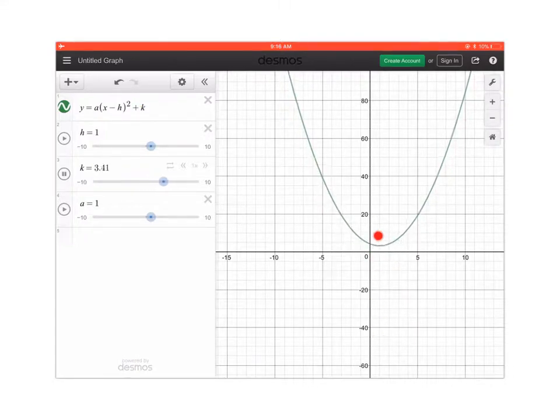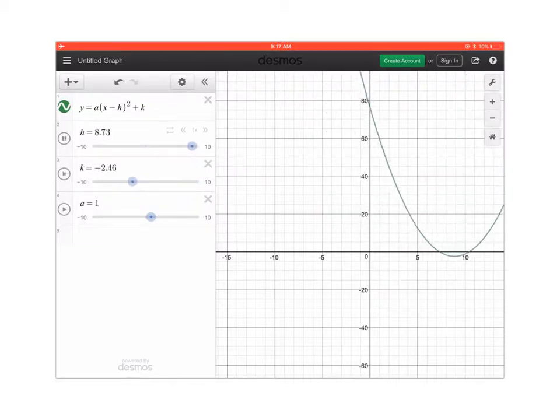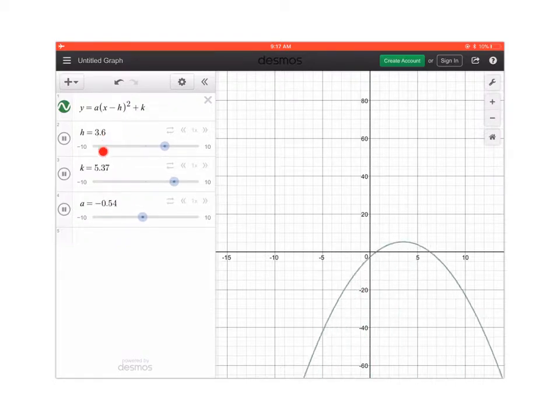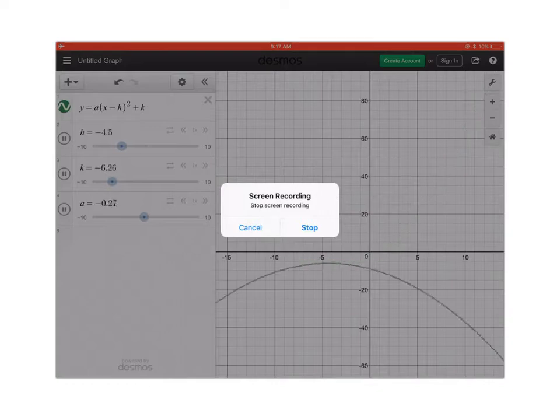So that's going to be a vertical shift. A flips it across the x-axis, and then if I manipulate h, the graph moves left to right. And those are the different transformations of the graph. Now, if I manipulate all three of them, then the graph is just going to do some crazy stuff.